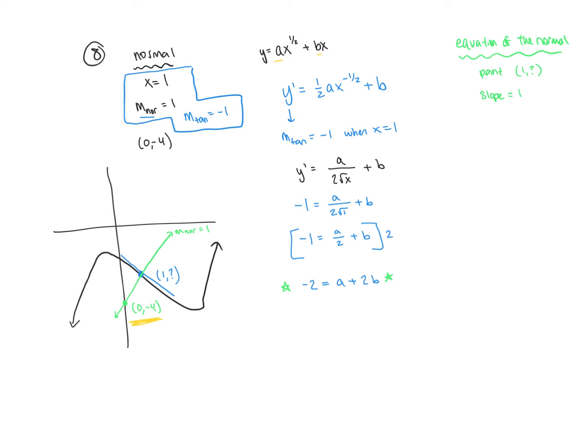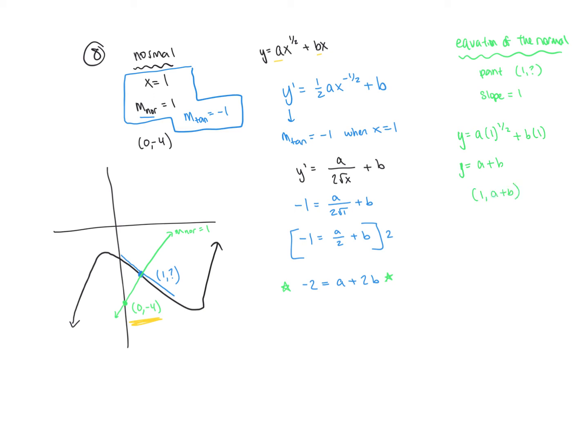Let's first look for the y value. To find it, we plug x equals 1 into the original equation: y equals a times 1 to the power of 1/2 plus b times 1. So our y value in the point will be a plus b, and our point is (1, a plus b).